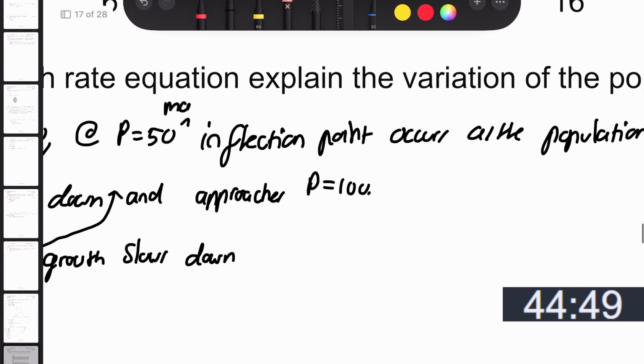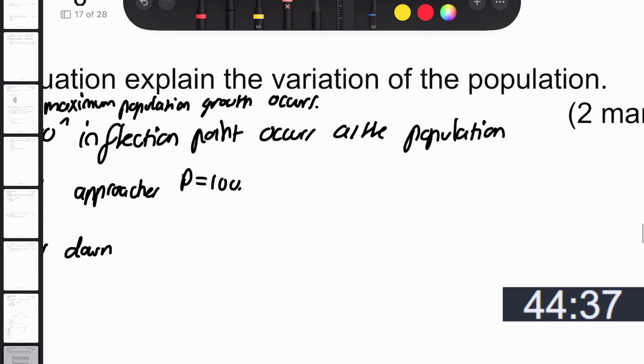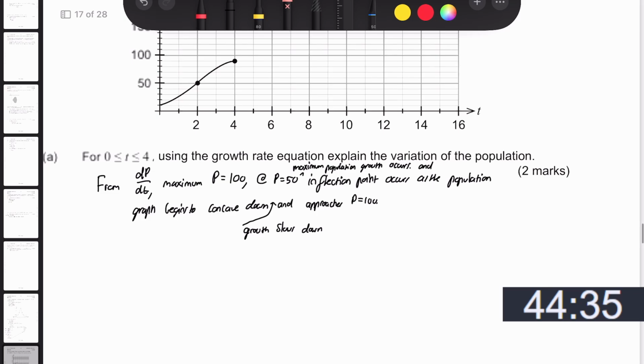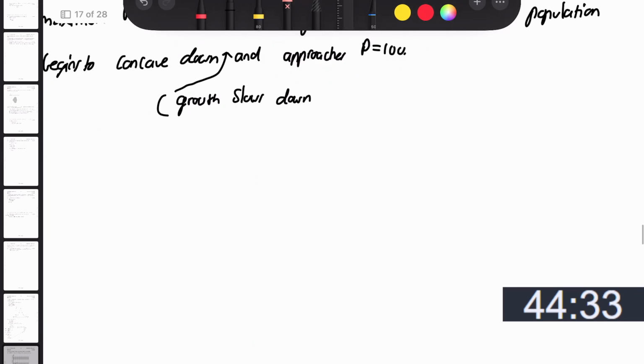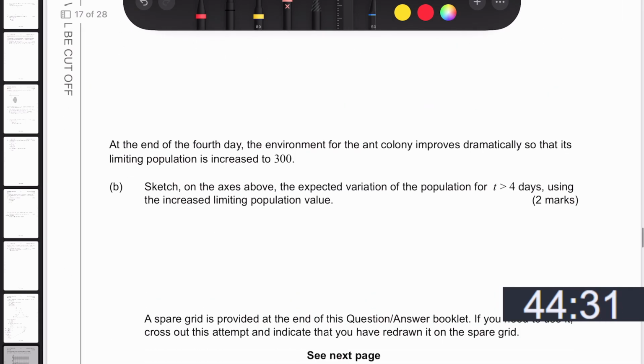So maximum population growth occurs, and an inflection point occurs. There's a concave down. Growth slows down and approaches peak at 100. Not sure that's what they want though.